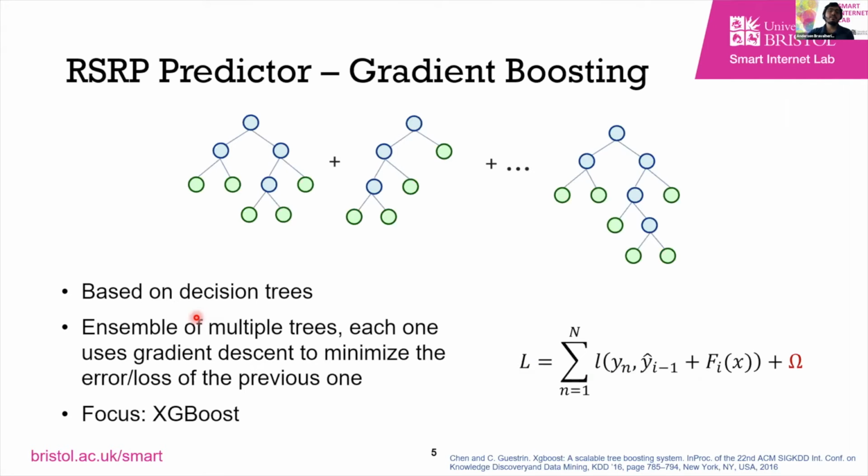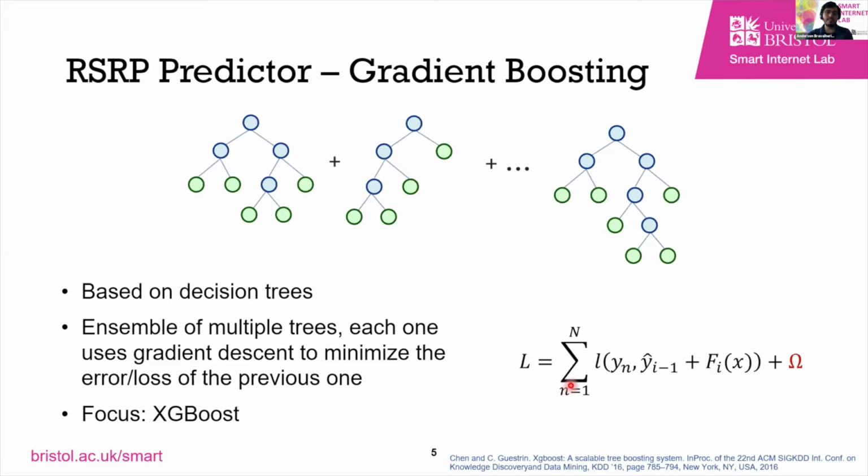So the first technique that we have studied is called gradient boosting. Gradient boosting is a way of using decision trees to perform, in this case, regression. So we have a series of trees. Each tree is trying to minimize the errors that the previous tree obtained in terms of predictions, right?